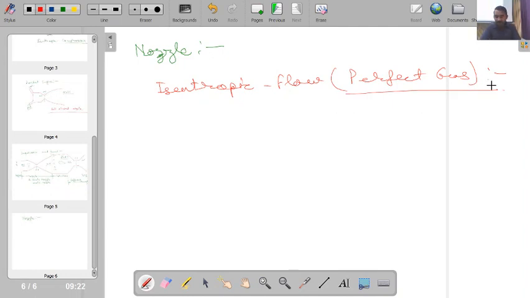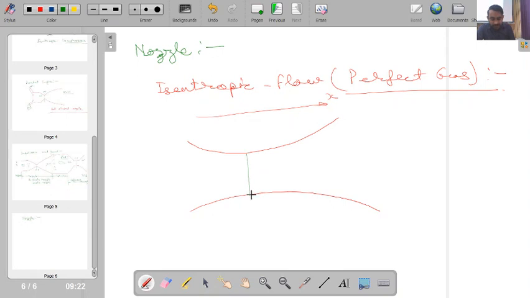Okay, so now typically we have seen that in the case of a nozzle, our section is something like this. If this is the direction x, then I have some point over here where my area is minimum.